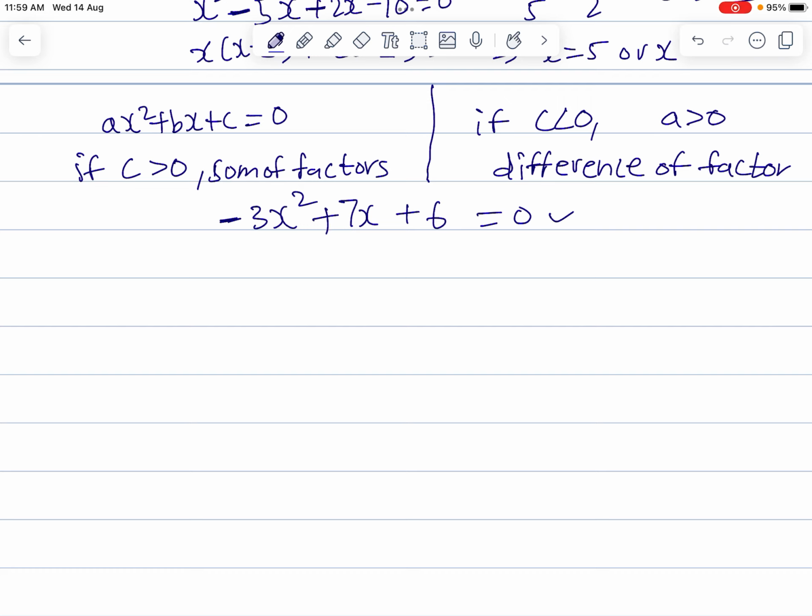Let us take this example and solve. First multiply the whole equation by minus, you will get 3x square minus 7x minus 6 equal to 0.